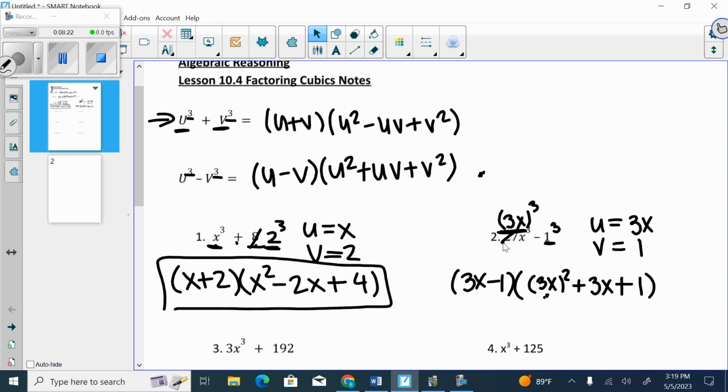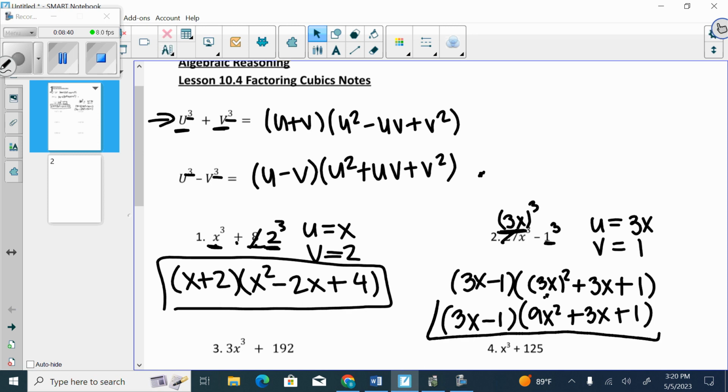What is 3 squared? 9. And x squared is just x squared, right? So I could rewrite that piece as 9x squared, but everything else in the entire equation stays just how it already was. So we just fixed that part.